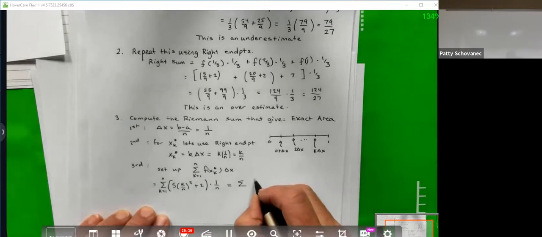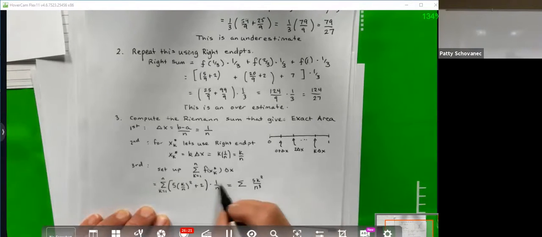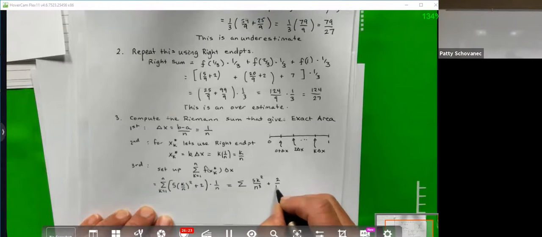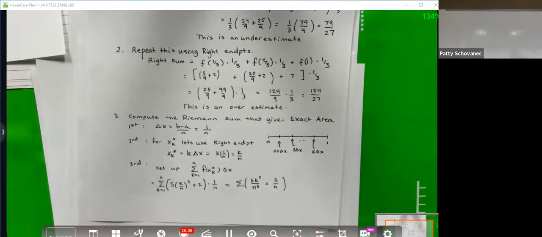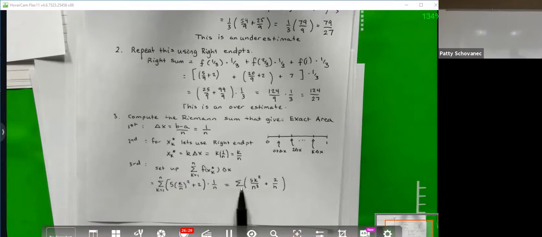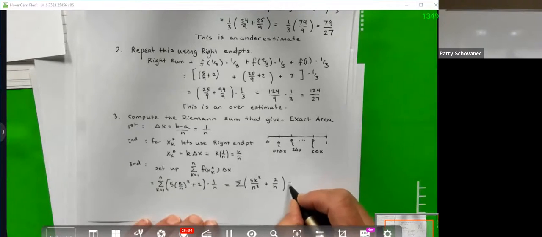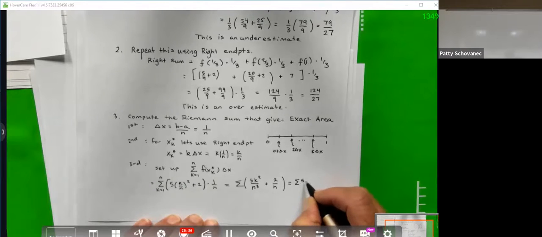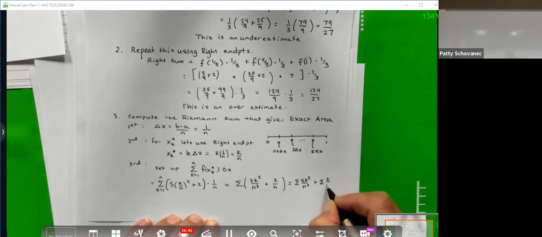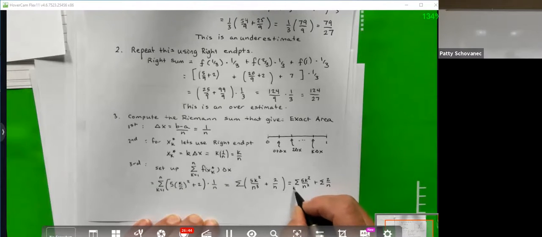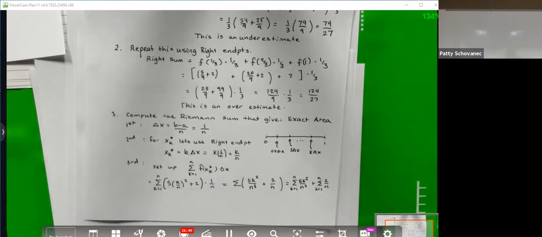So what I said it was 5k squared over n cubed plus 2 over n. Now I'm going to write it as two separate summations. These summations involve the variable k. So if there's not a k in there, I'm going to factor the non-k terms out front.